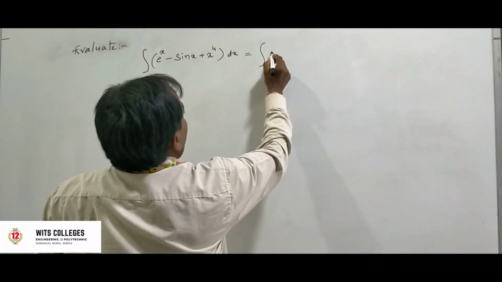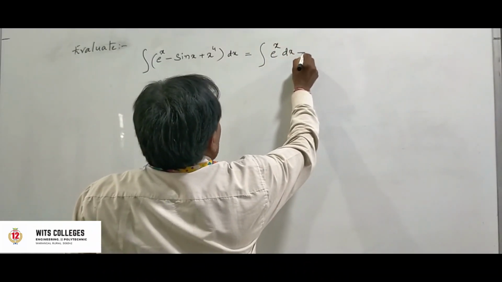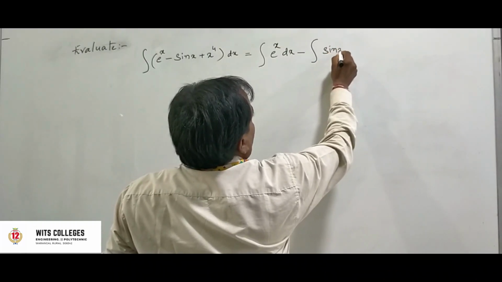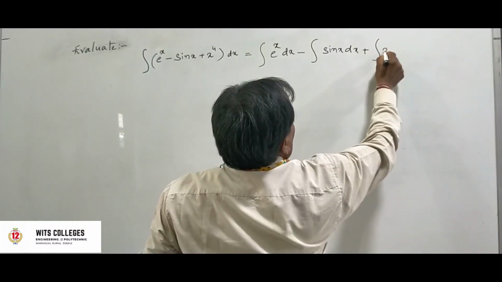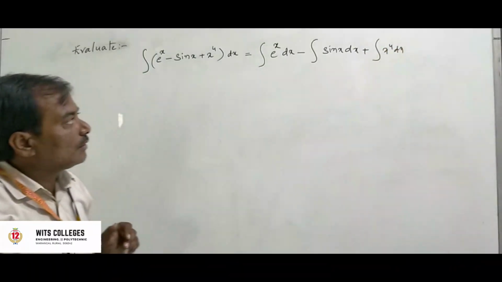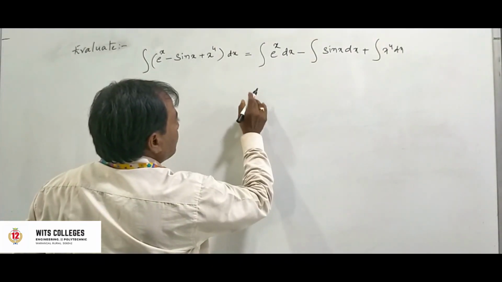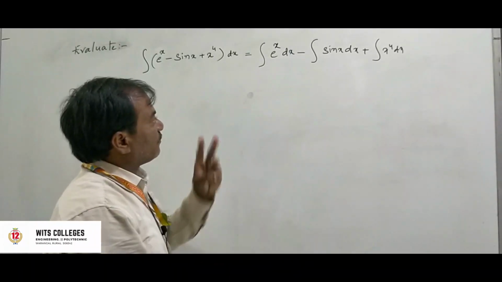Therefore integral e power x dx minus integral sin x dx plus integral x power 4 dx. Here we use three different formulas.